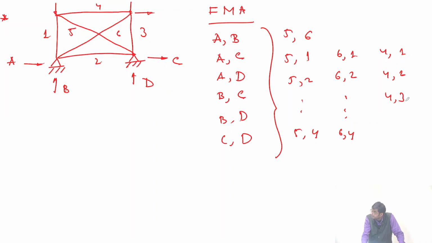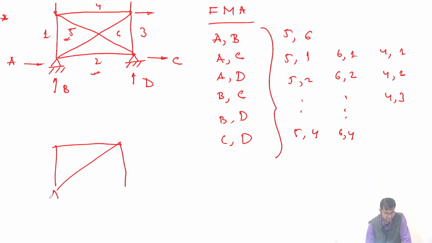If 5, 2 fails, it does not survive. No, because of this bottom one, right? What will happen is that if 5 fails and 2 fails, you have something like this.